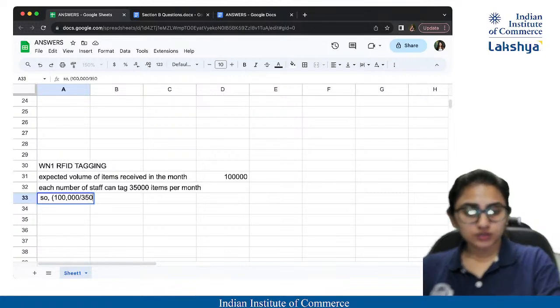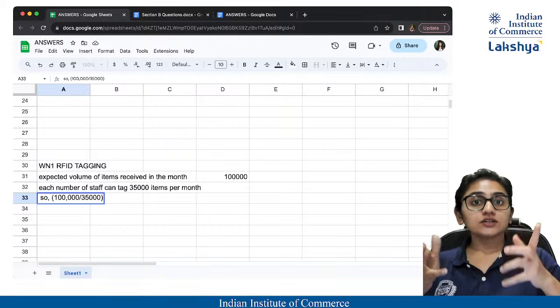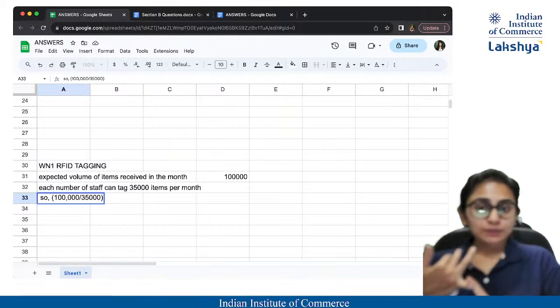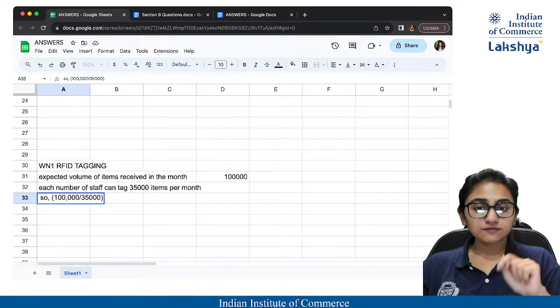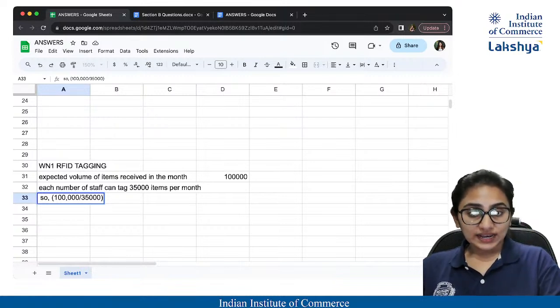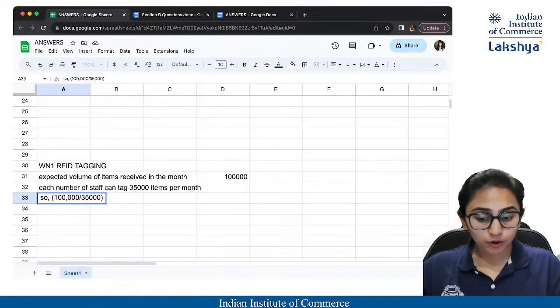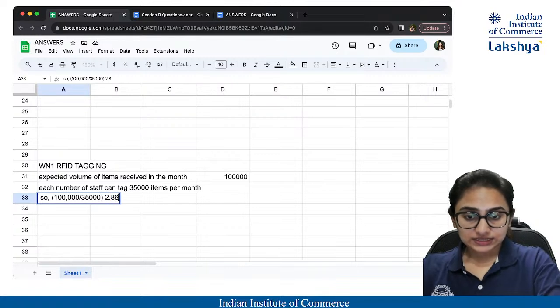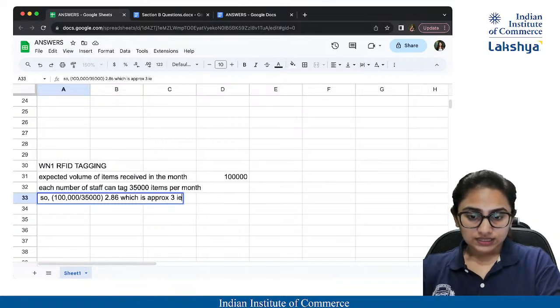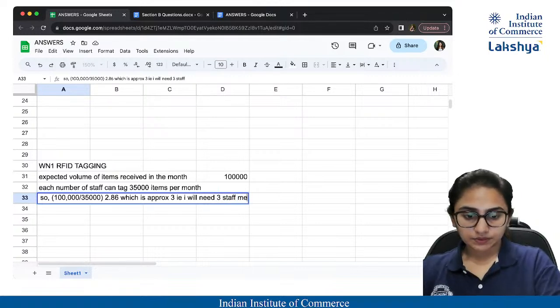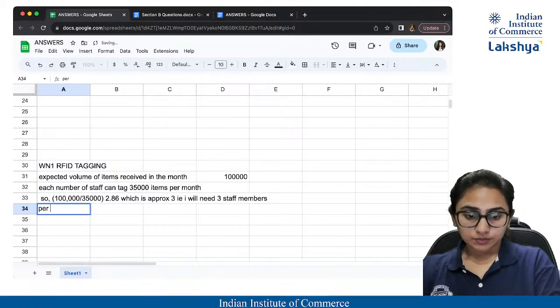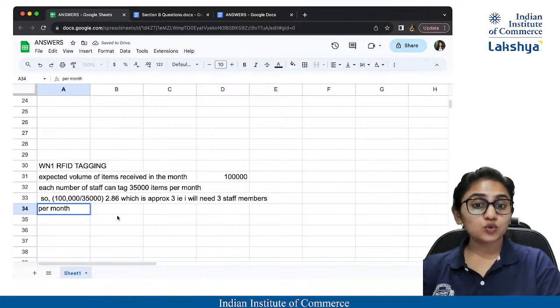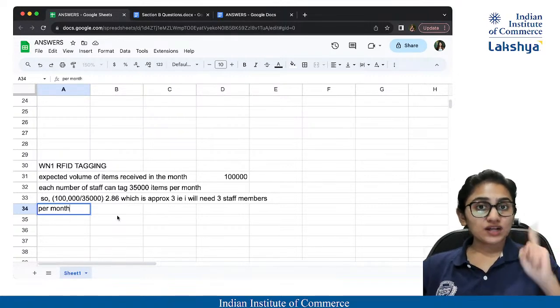So 1 lakh per month, and per month one staff is doing 35,000. So when I do 1 lakh divided by 35,000, I am getting 2.86, which is approx 3. That is, I will need 3 staff members per month, because per month I have to do 1 lakh units and one staff is doing 35,000.